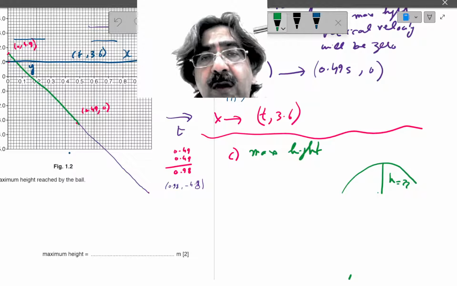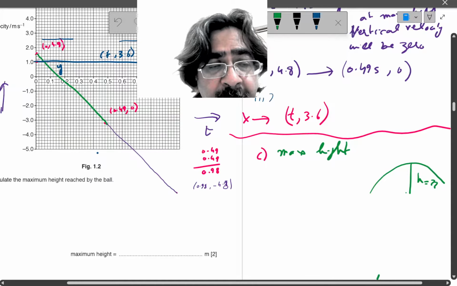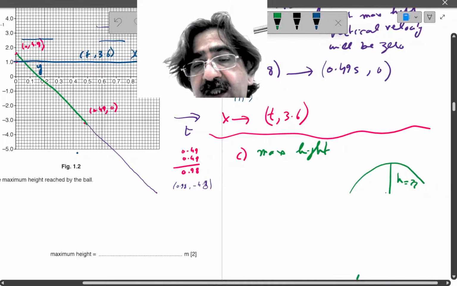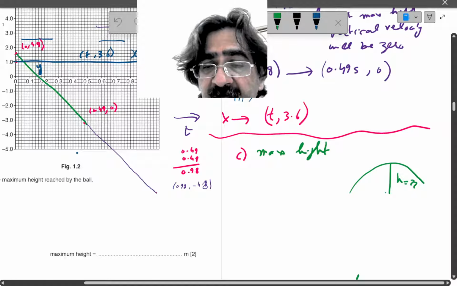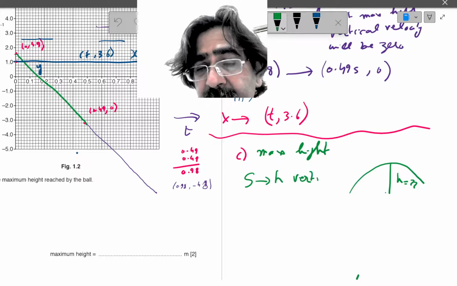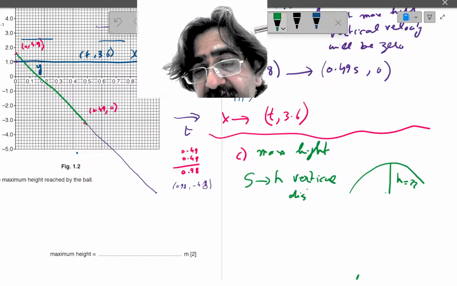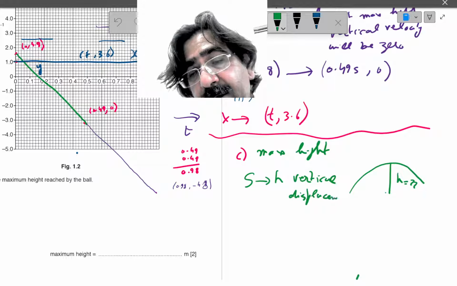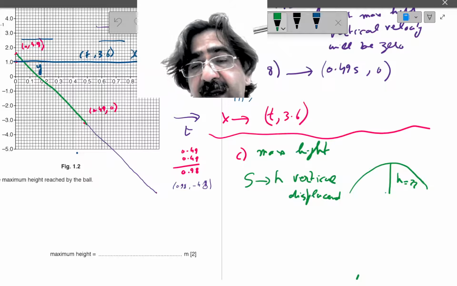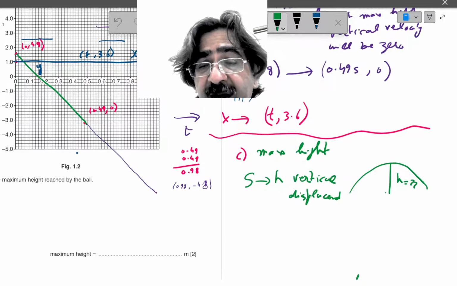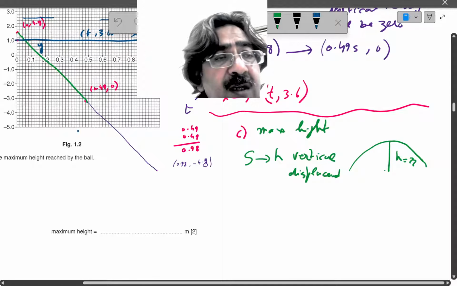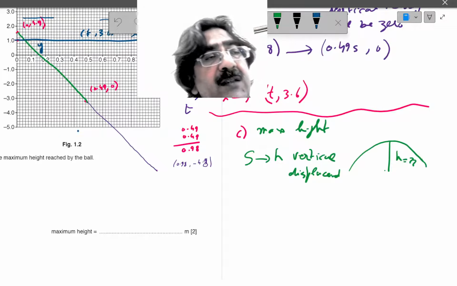To solve this, we will consider only the vertical component, as S will be equal to H for vertical displacement. If we were interested in the distance covered, then we would find the horizontal distance. But now we have to use the vertical component to find the maximum height. As we know, there are different formulas to find the maximum height.